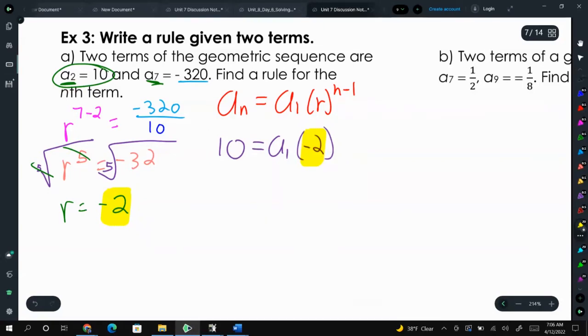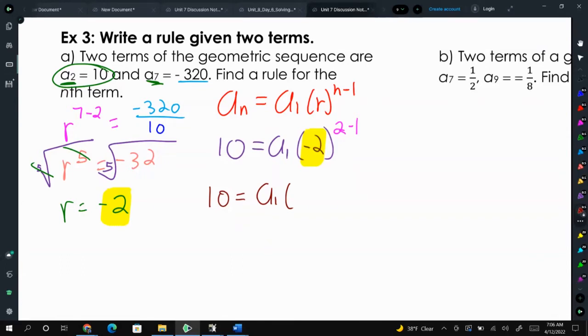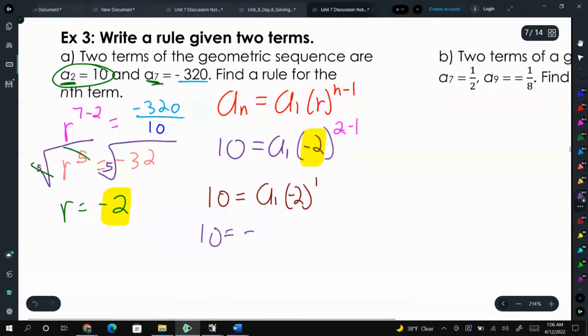I'm plugging in a sub 2, so this is raised to the 2 minus 1 power, which is just 1. So 10 equals negative 2 times a sub 1. Divide both sides by negative 2, and we get negative 5 is equal to a sub 1.